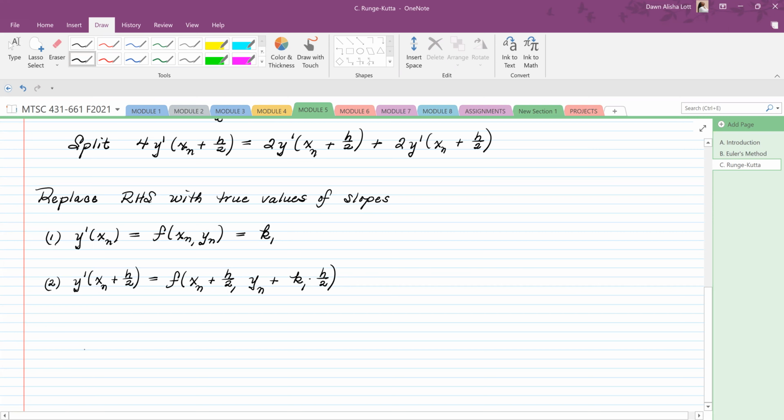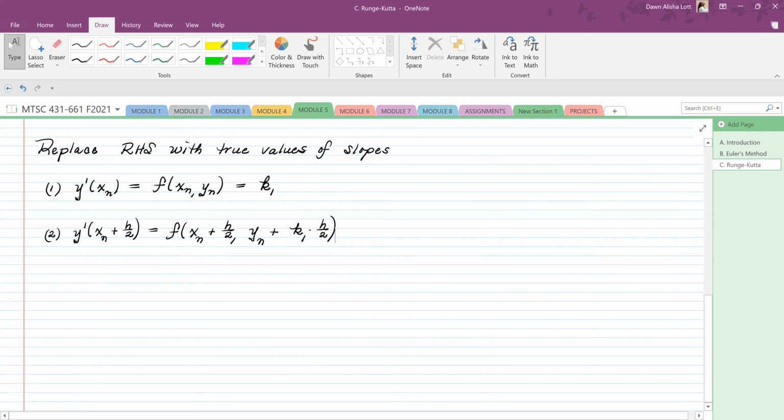Okay, so that's the next approximation. We're going to call that K2. Then we're now going to do y prime of xn plus h over 2. But this time we're evaluating it at xn plus h over 2.